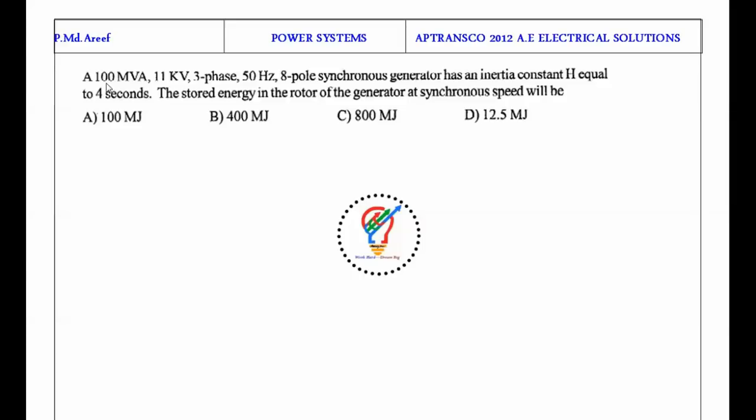The next question: a 100 MVA, 11 kV, 3-phase, 50 Hz, 8-pole synchronous generator has an inertia constant H equal to 4 seconds. The energy stored in the rotor of the generator at synchronous speed will be? We need to find the energy stored. The inertia constant H is equal to the energy stored in megajoules divided by the rating of the machine.